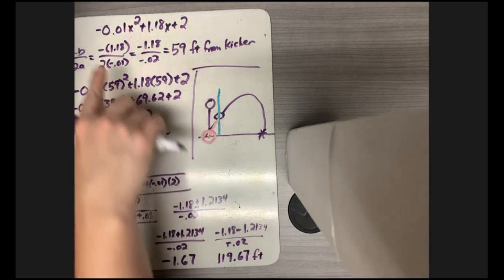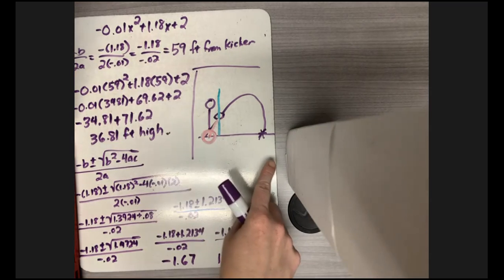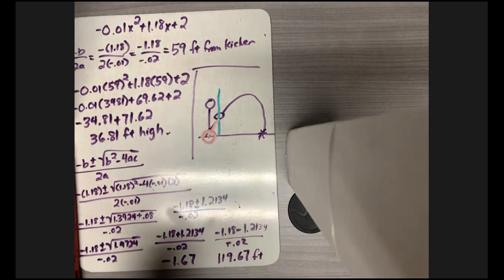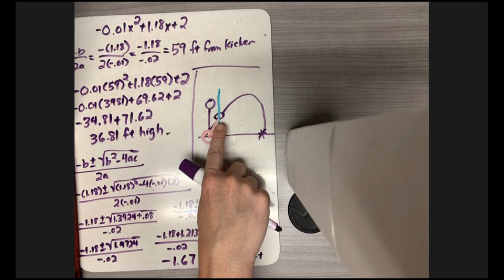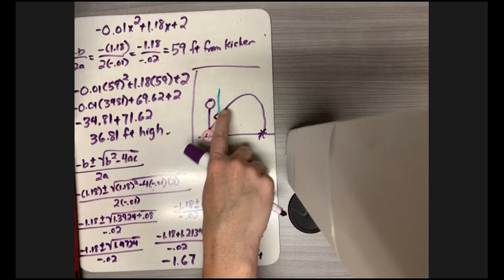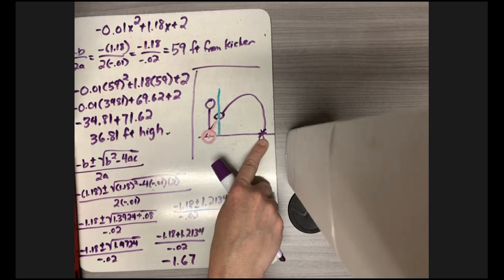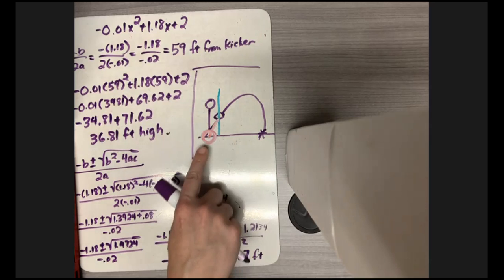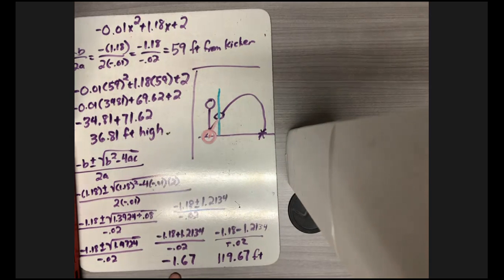When they gave us the equation, it's just a quadratic, and running the quadratic formula just tells us where it intersects the x-axis, not necessarily in our real-life scenario. This would have meant the punted football was already up in the air when it contacted our kicker's foot. So it started here and then went up and over to here. This purple part is the only part that really applied to our situation. The negative 1.67 was just an extraneous one that pulled it back.